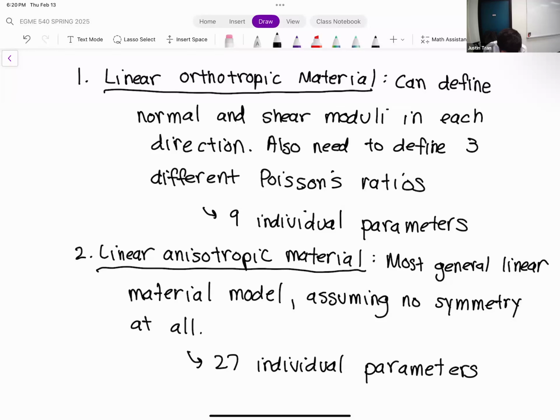So even the most detailed data sheets probably are not going to have 27 different material parameters. I can't even think of a material off the top of my head that would use this.